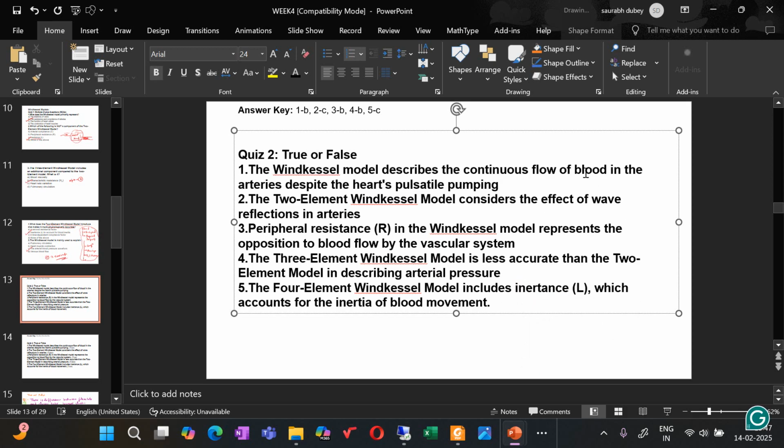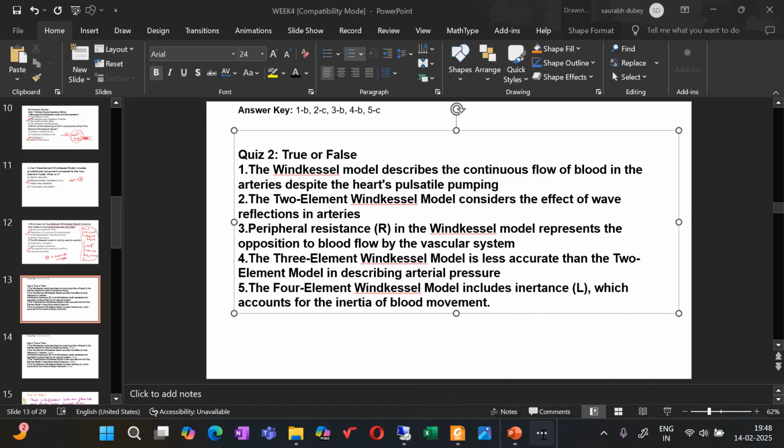For the first one, what do you think? The model describes the continuous flow of the blood in the artery despite the heart's pulsatile pumping. Is it true? In the heart we know that there is this pulsatility associated.